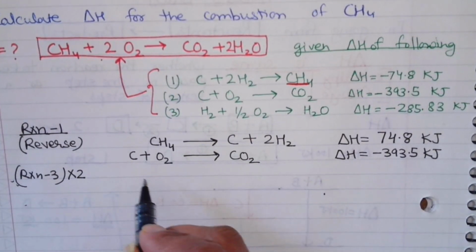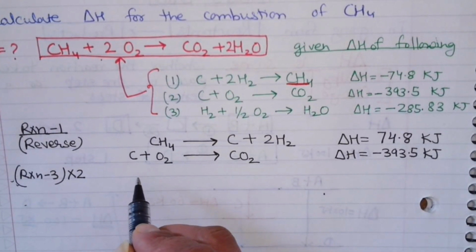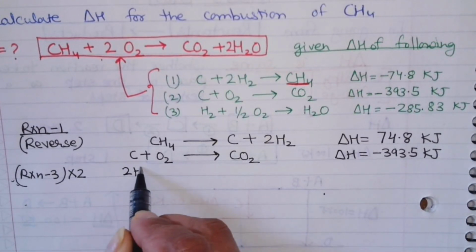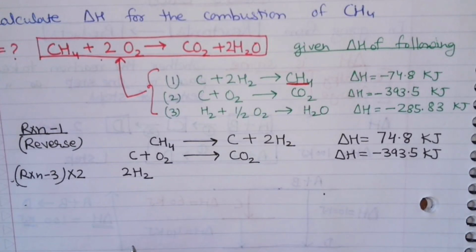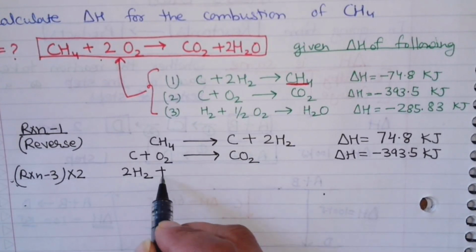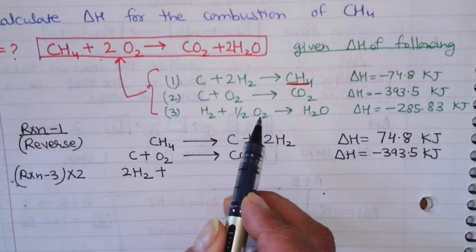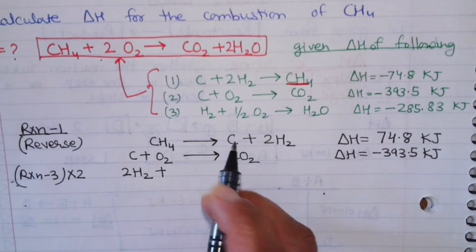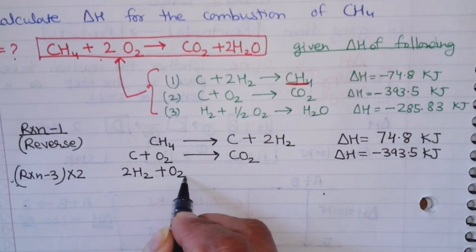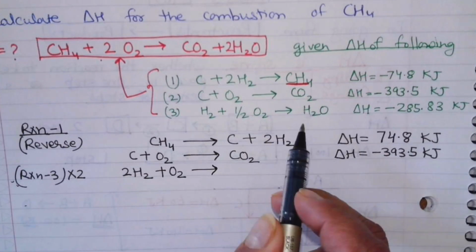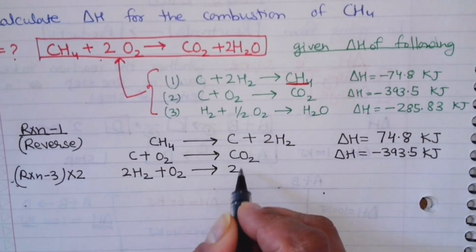Okay, so now my equation becomes 2H2 plus half O2 times 2 will be O2, and on this side we will get 2 water.